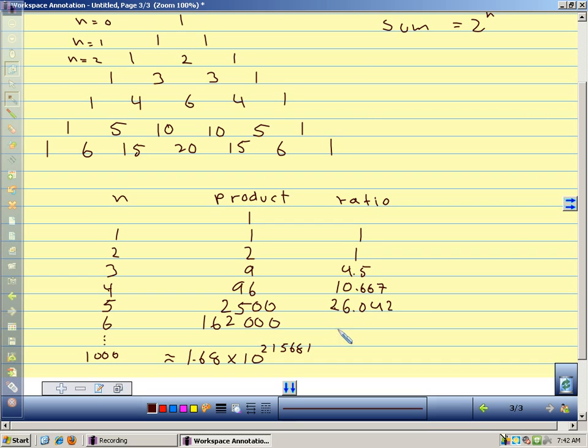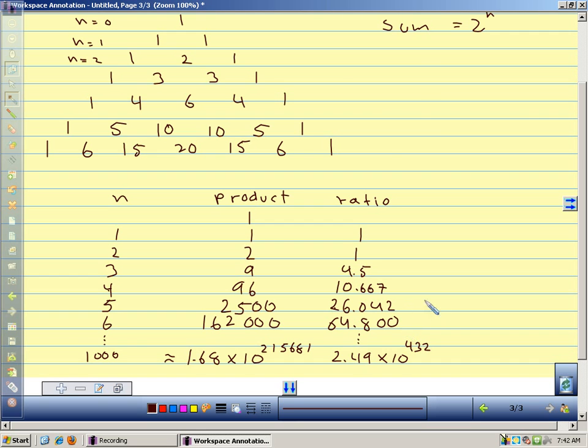And here we get 64.8. And we go dot, dot, dot, and our ratio here, again, I had to take somebody's word for it, is 2.49 times 10 to the 432nd. So this grows pretty quickly.